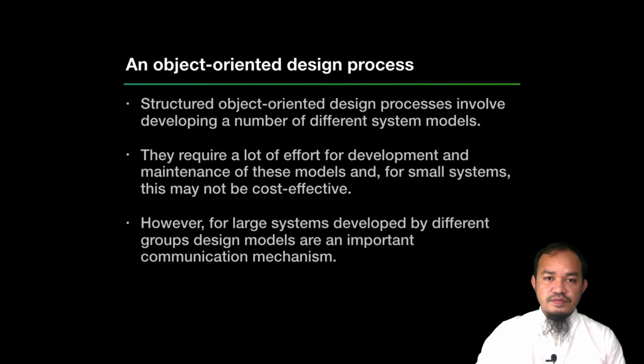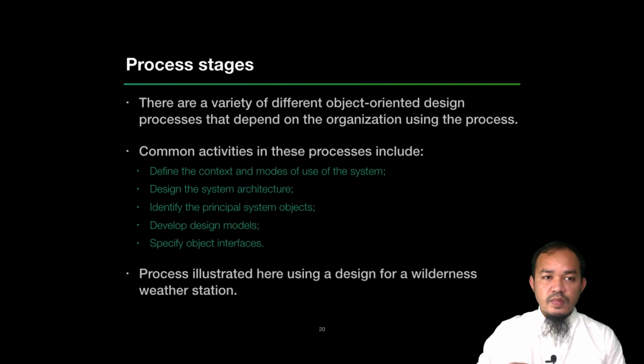Okay, this is the main point of the object-oriented design process. There are many different processes that can be done using object-oriented design, but this is the generic and common activity set.